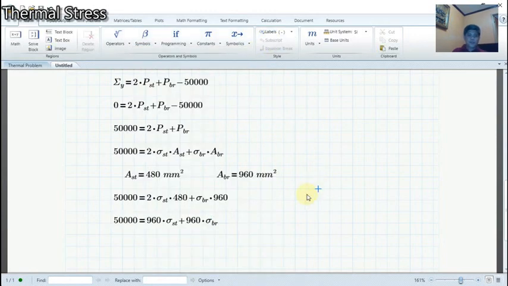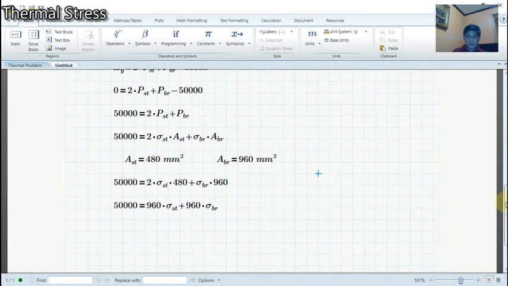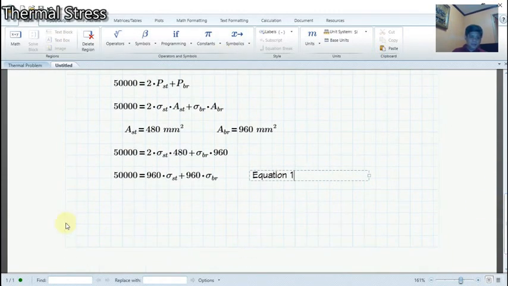Okay, so we have now our equilibrium equation, and this would be our equation 1. Next is we need to determine our compatibility equation.